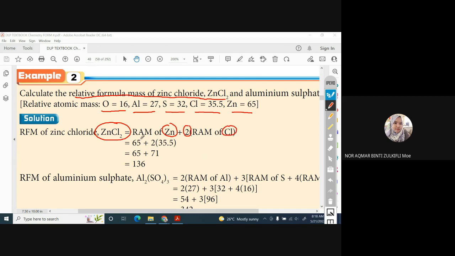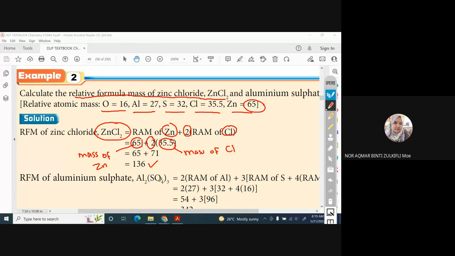You can see 65 is the mass of zinc, only one. And 35.5 is the mass of chlorine. We have 2 chlorine, so don't forget to times 2, so you get 136.